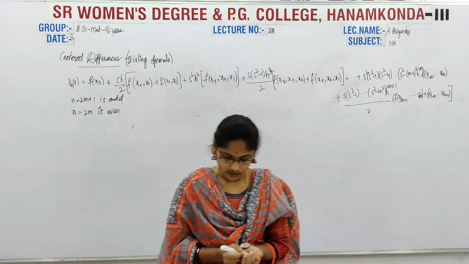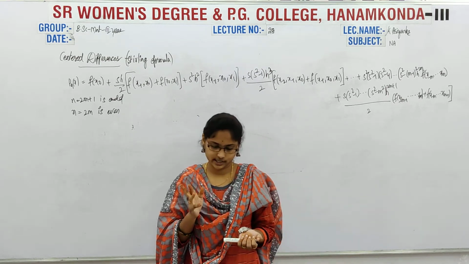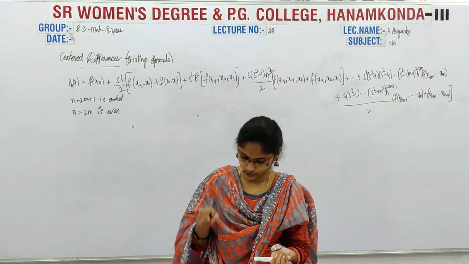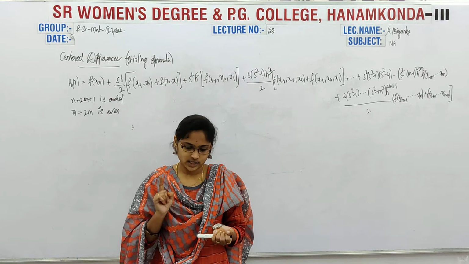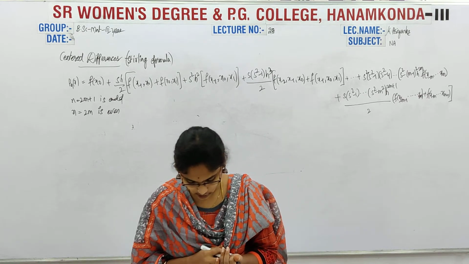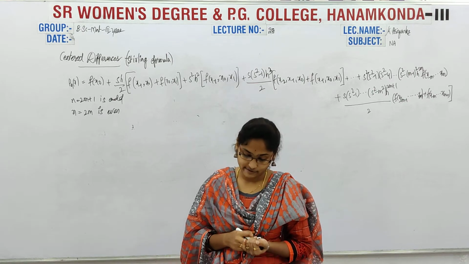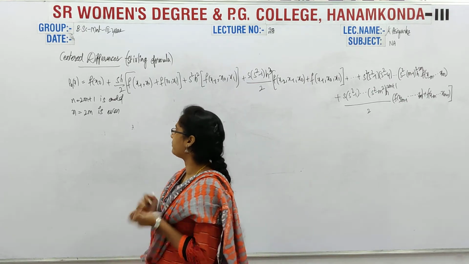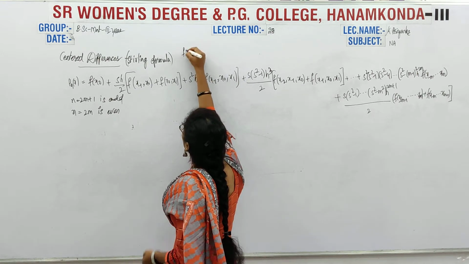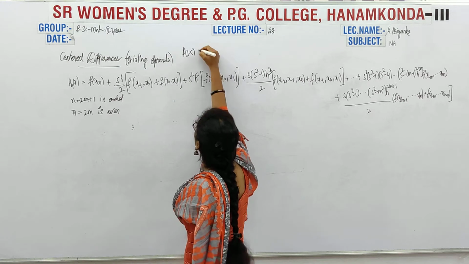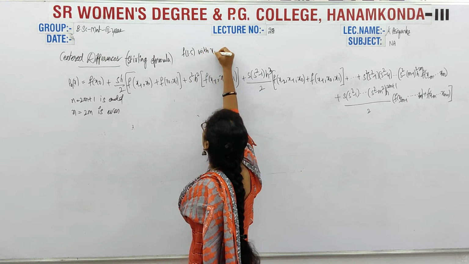Now consider the table for the given data and use Stirling formula to approximate f of 1.5, with x naught equal to 1.6.